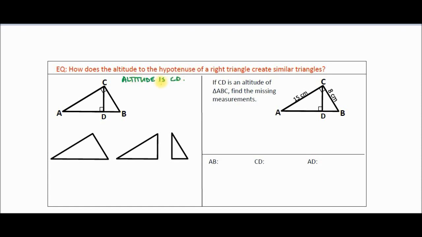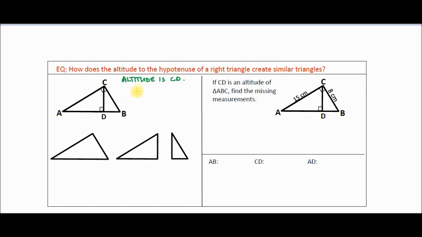So that's our altitude. Now what's interesting about a right triangle, ABC, is that when you draw an altitude to the hypotenuse, amazingly, you actually create three different triangles: the big one or the main one, a smaller one here on the left, and a smaller one than that on the right, and every one of those triangles is similar to the others.